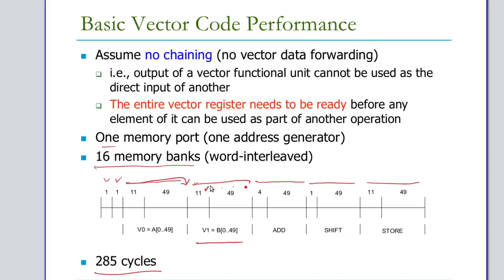One thing you can understand is that here we are loading A, then we start loading B. At this position, you have all the elements of A, and you have the first element of B. So at this point only you can start the addition.